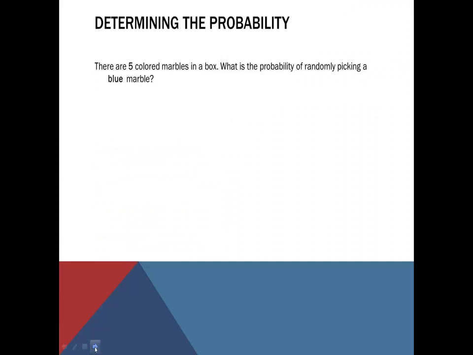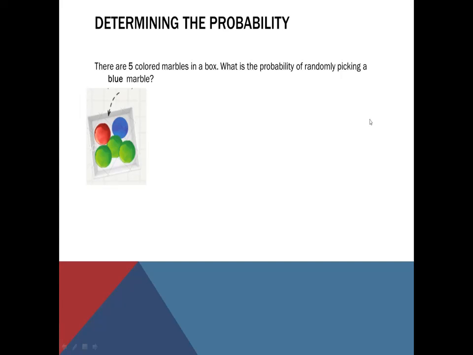Before we go through our new lesson, let's have this review: determining the probability. Say that we have five colored marbles in a box. What is the probability of randomly picking a blue marble? Let's say we have this box with five colored marbles.